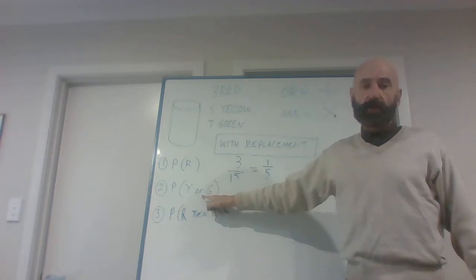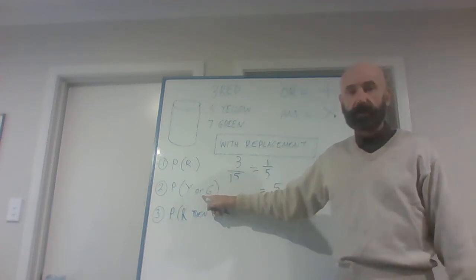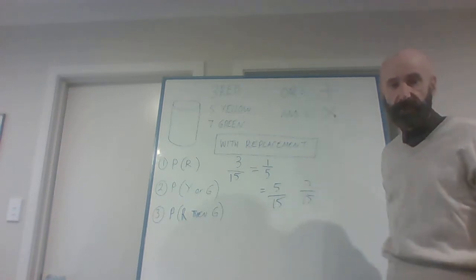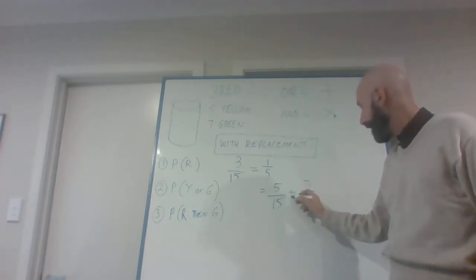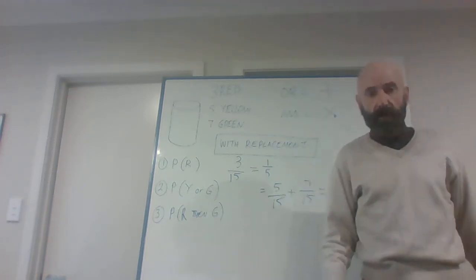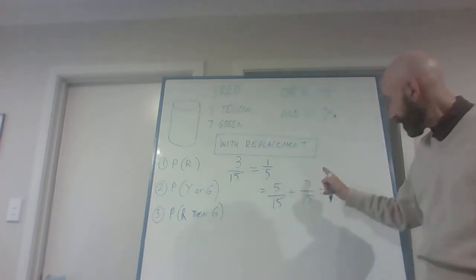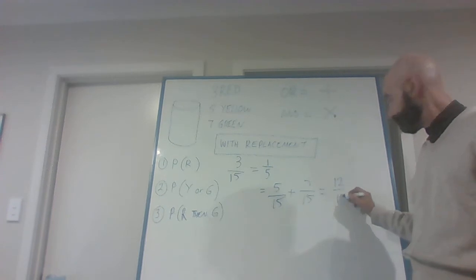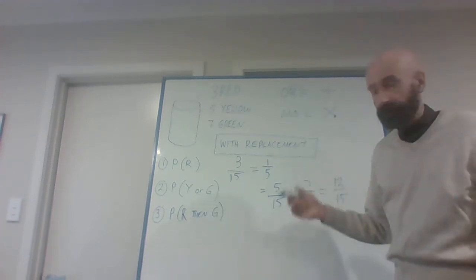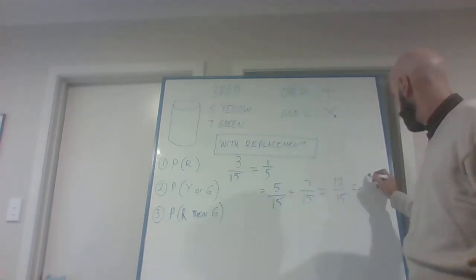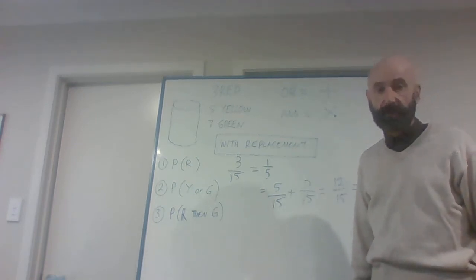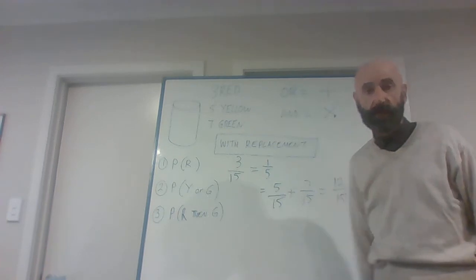When I see the word or in probability, or means add the probabilities. So I'll add these two fractions. 5 over 15 plus 7 over 15 is 12 over 15. Again, if I want to simplify it, that would simplify to 4 over 5. Pretty good chance of getting either a yellow or a green one.